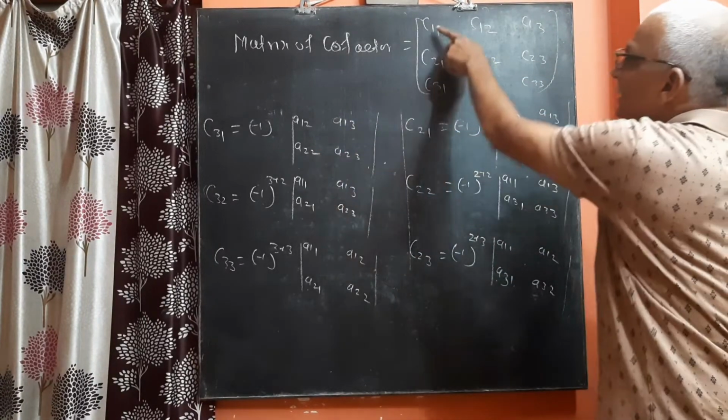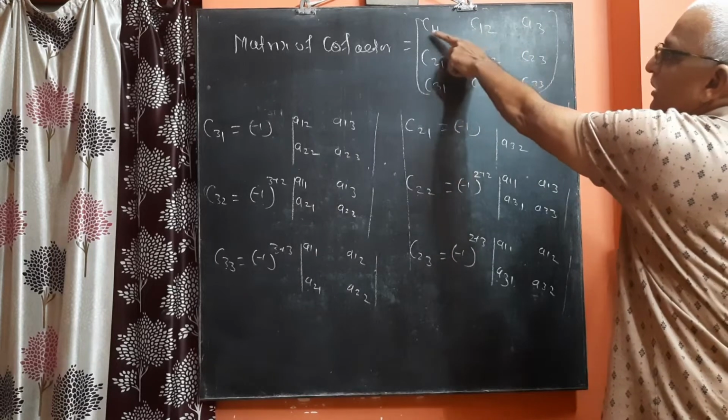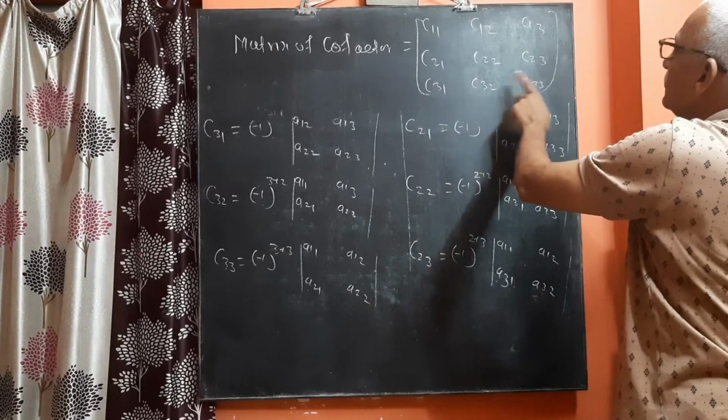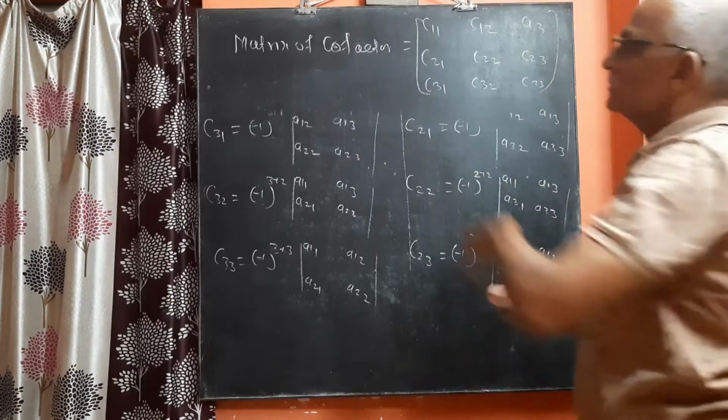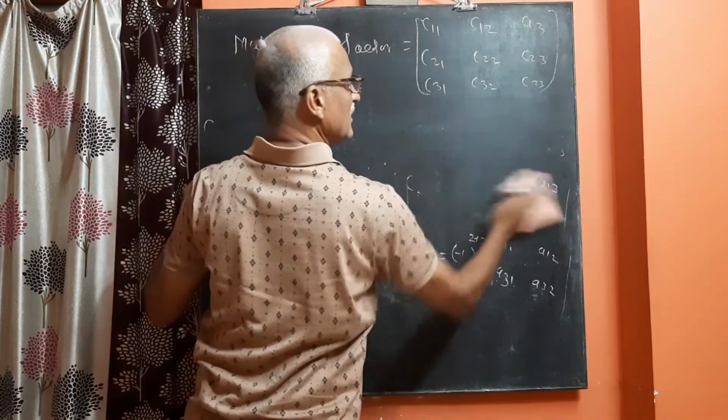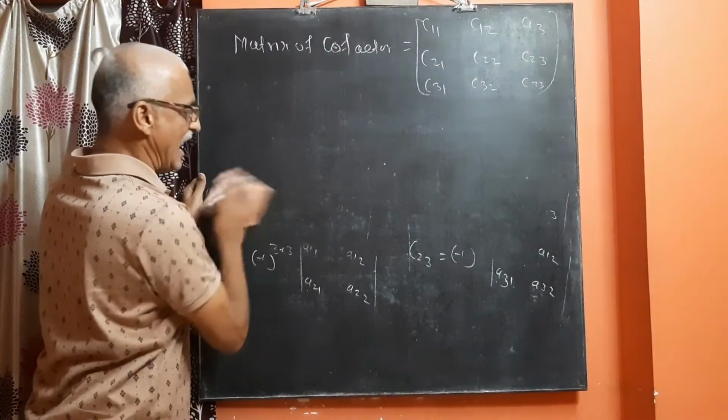We have found all 9 elements in this order: 1 1, 1 2, 1 3, then 2 1, 2 2, 2 3, then 3 1, 3 2 and 3 3.